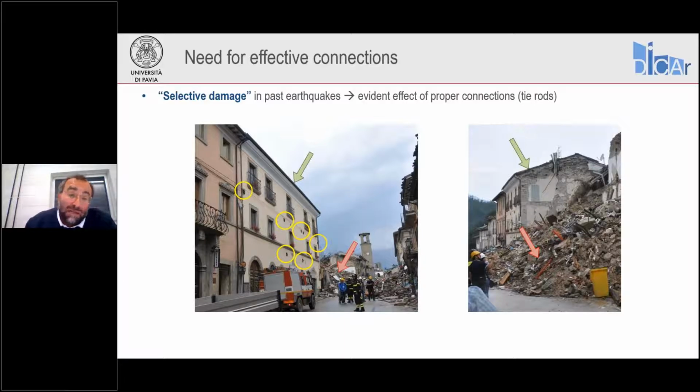But the adjacent building, most likely built with similar materials and similar construction methods, completely collapsed. And that building didn't have any tie rod, any other intervention aiming at improving the connections. So you can definitely see that in the same location, two adjacent buildings, the one with the effective connections resisted much better than the other one that collapsed entirely.